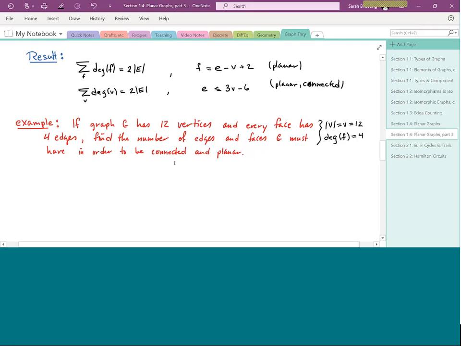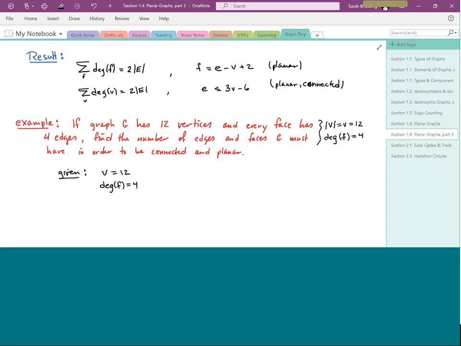What we're going to do is use as much of this information as we can, but we've only got those 4 formulas really to work with. So let's write out everything we know, and we'll pull this stuff that's in scratchwork down to the proper format. Starting off with what we know: we're told for sure that the number of vertices is 12, and I'll use the lowercase v here. We're also told that the degree of each face is 4. And here's what we want.